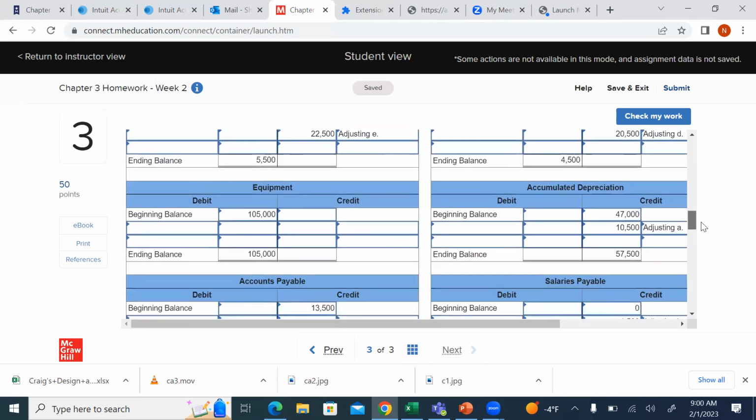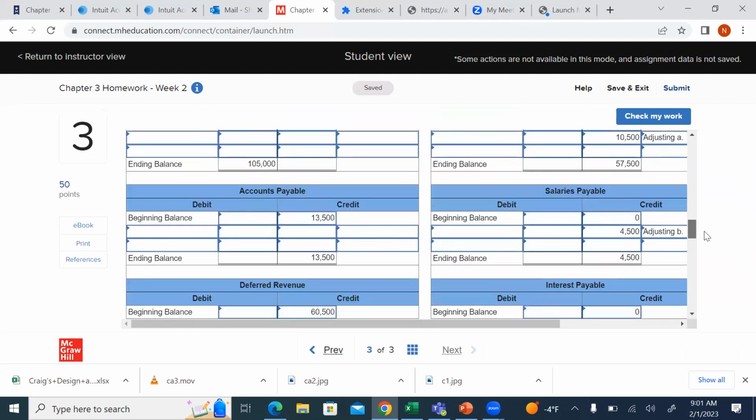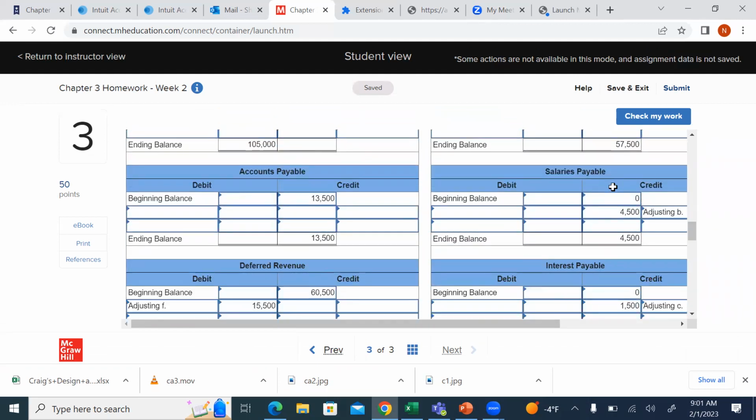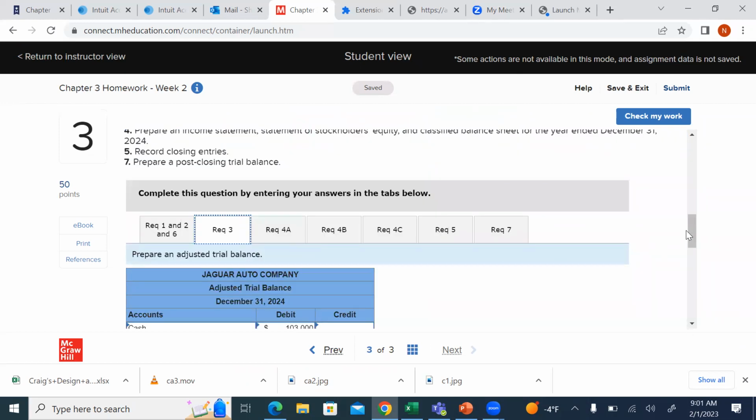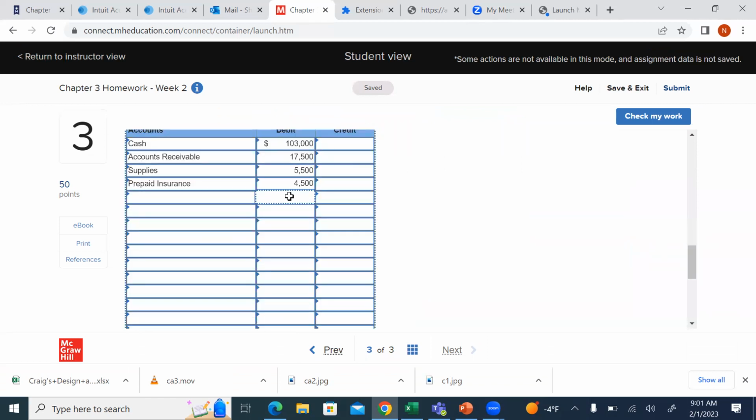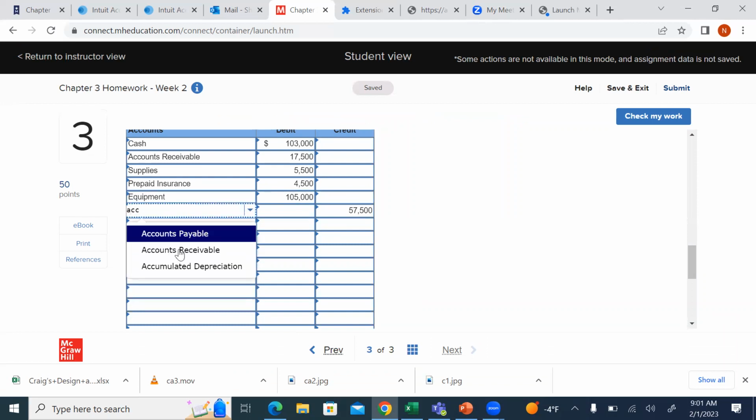Equipment is 105. Accumulated depreciation is 57.5. Remember that accumulated depreciation is a credit. Okay. Okay, guys.